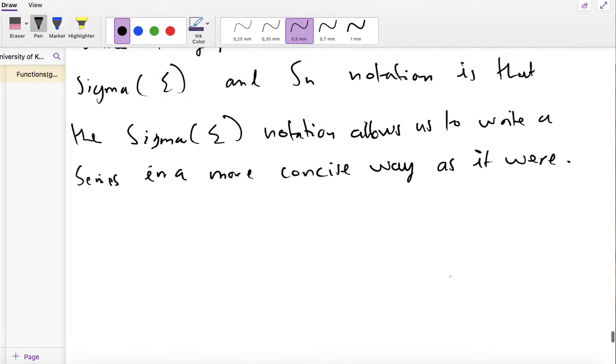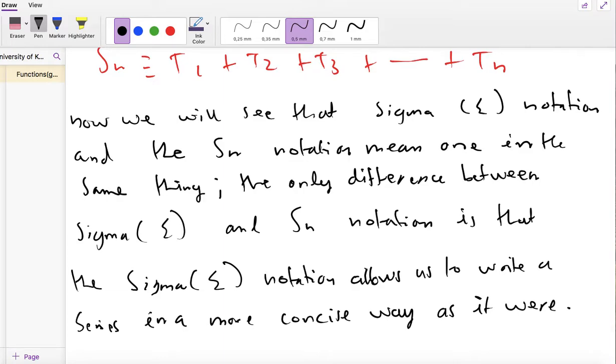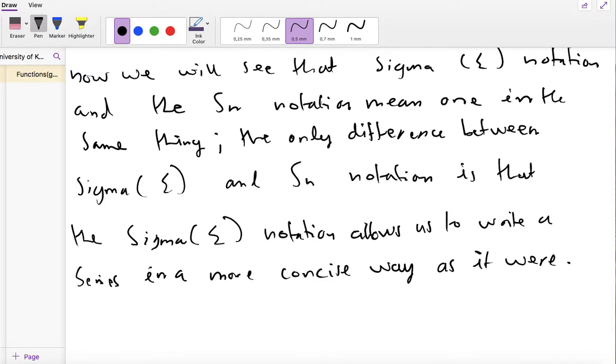Okay, so I hope you understand the difference between sum to n and sigma. Yes, they're very similar. However, sigma notation has a slight advantage over the usual notation sum to n.